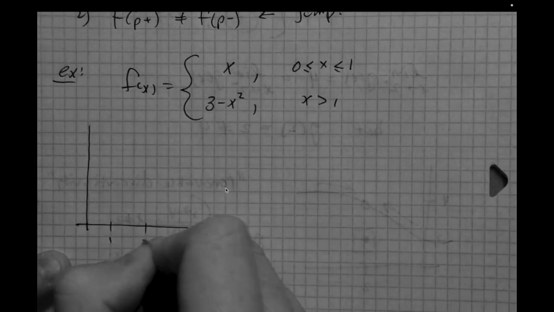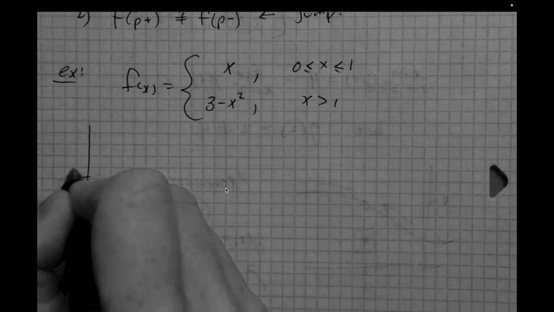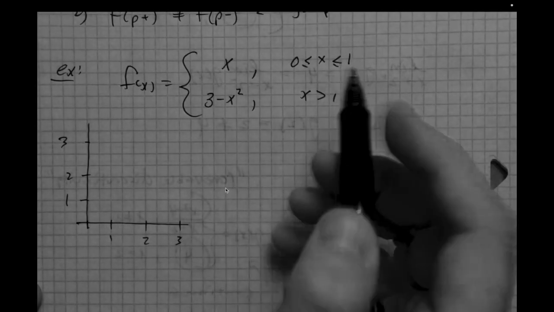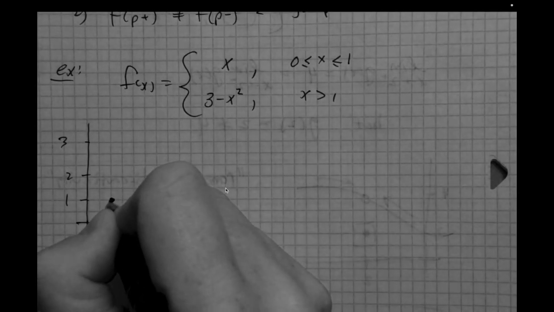So let's say this is 1, 2, 3, and this is 1, 2, 3. All right, so from 0 up to 1, it's just equal to x. And remember, notice it's inclusive of 1, so it's just the identity function there.